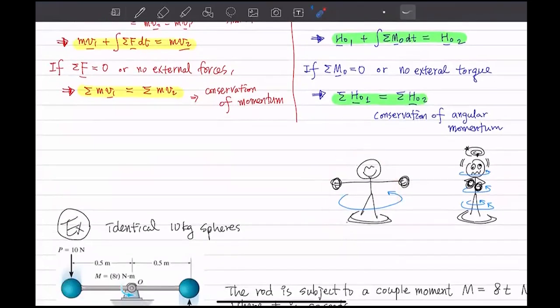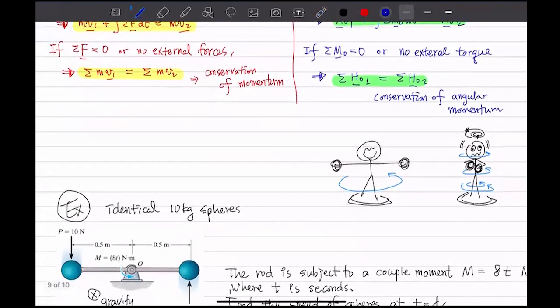When you have the angular momentum, it is going to be conserved. Like for example, if I just like that, r times mv is going to be r times mv, right?